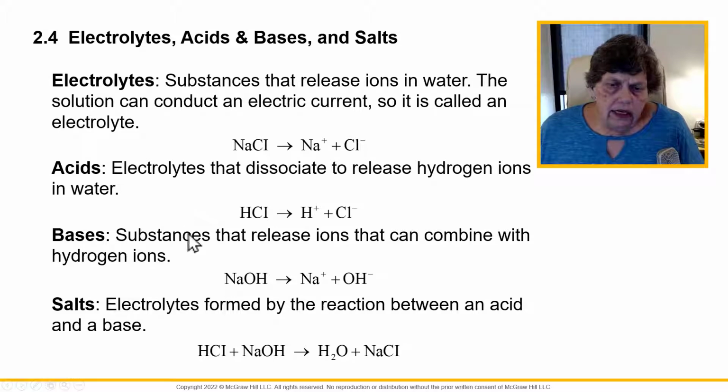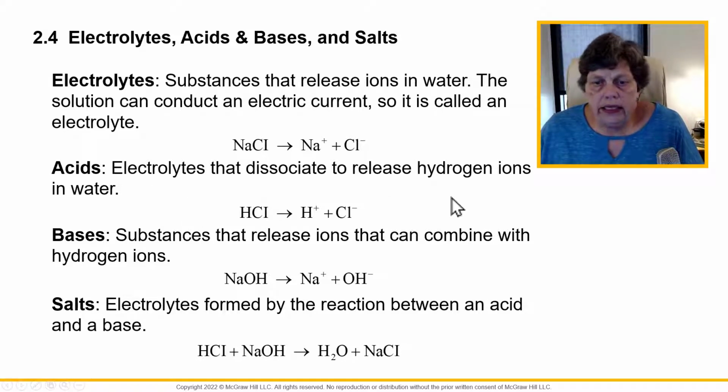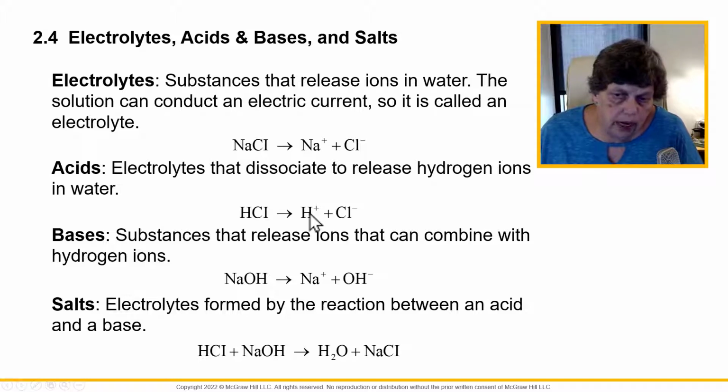An acid and base. We'll look at these tables next, but acids are electrolytes that release hydrogen ions, and the higher the hydrogen ion concentration, that's what we'll talk about. That is really what the pH is looking at. We're looking at hydrogen ion concentration.